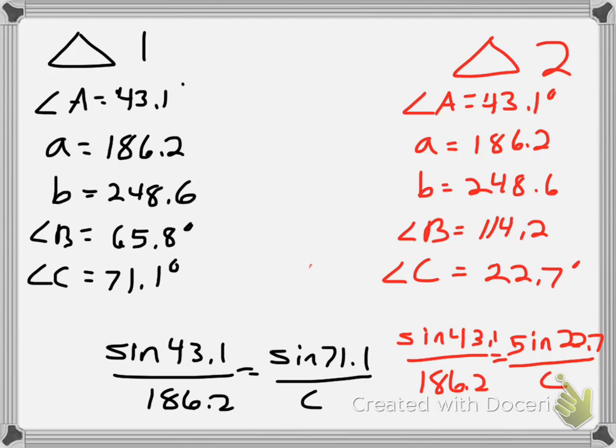And when you do the math, when you cross multiply and divide each side by the coefficient of C, for my first triangle, I'll get a length of approximately 257.8. And for my second triangle, I'll get a length of about 105.2.